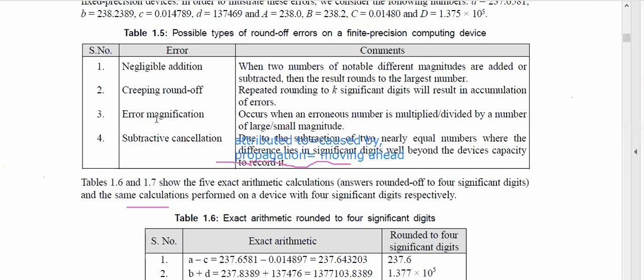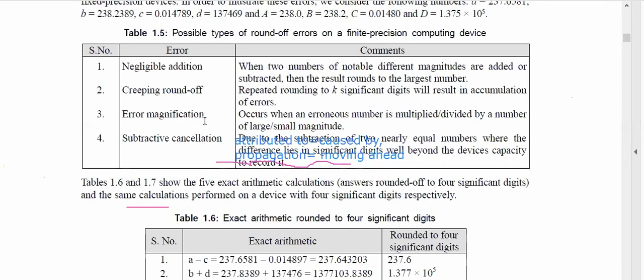Now third is error magnification. Occurs when an erroneous number is multiplied or divided by a number of large or small magnitude. Error magnification means error will increase. Magnification means exceeding or increasing.